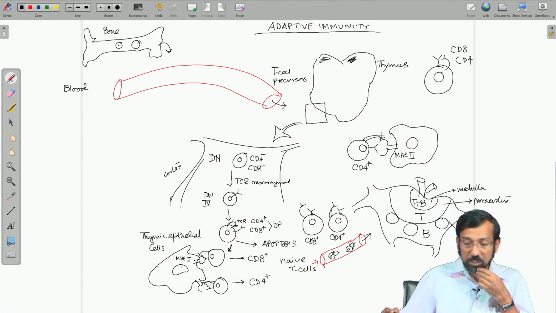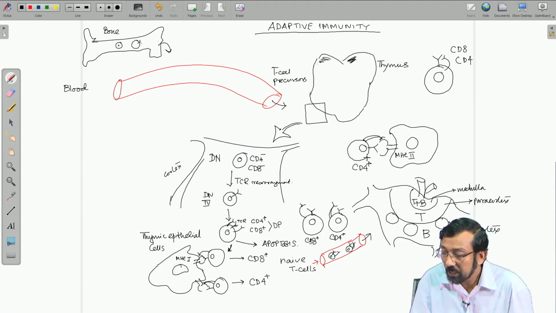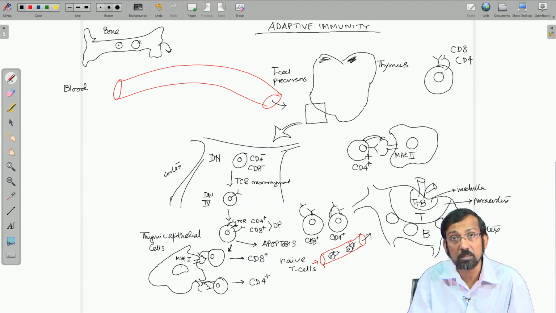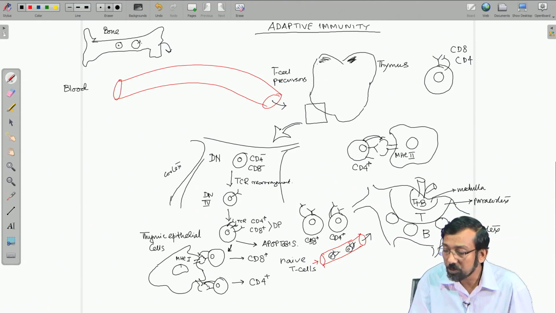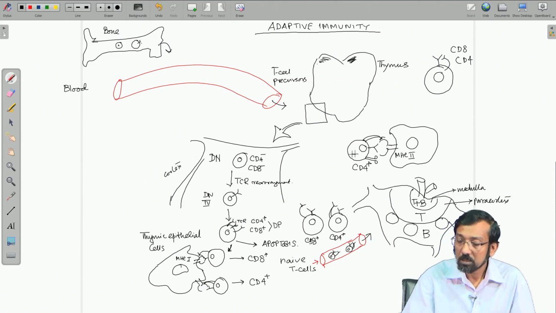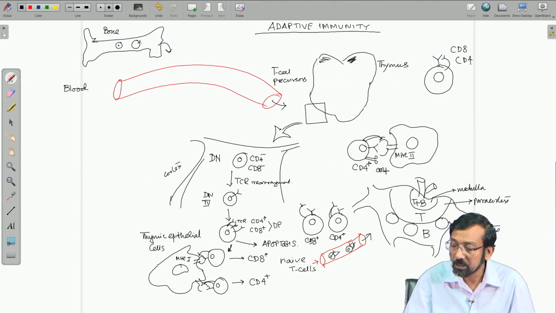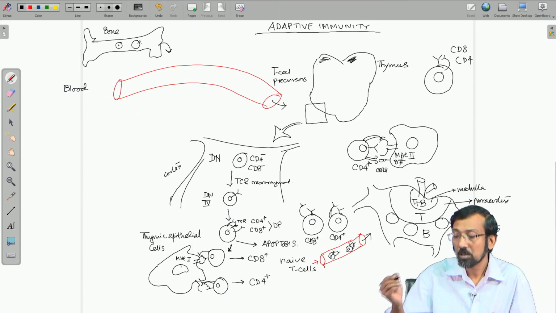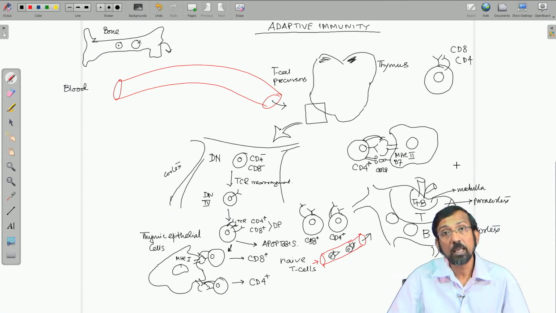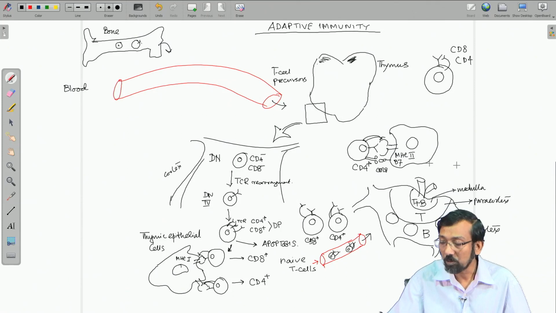Apart from these interactions, the CD4 plus or the CD8 plus naive T cells also express another marker on the surface, which is CD28, and this can interact with the B7 on the surface of the macrophage or the dendritic cells, that means antigen presenting cells. We call them in general the APCs.